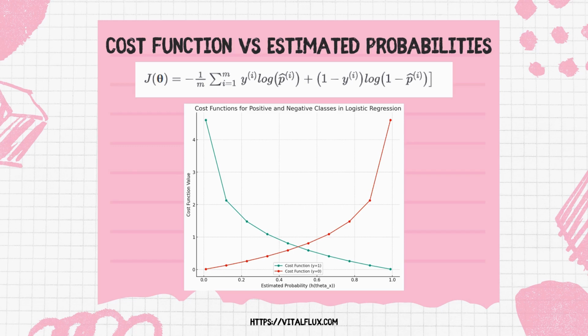So that's where the red curve shows at a higher point. Both the green curve and the red curve together form the cost function plot of the logistic regression model.